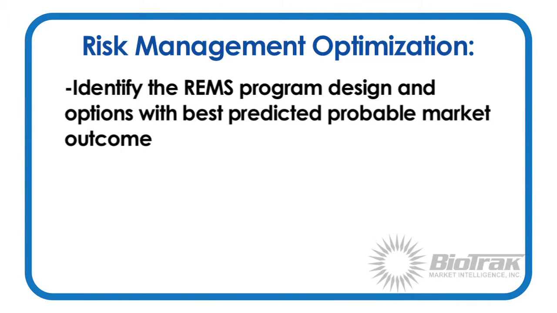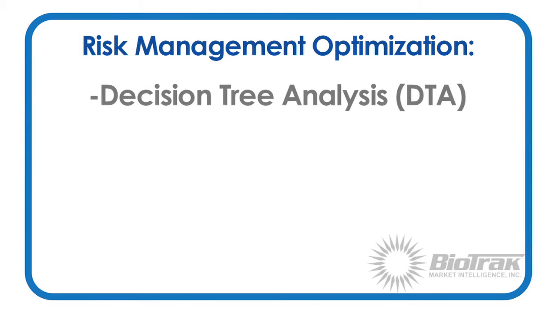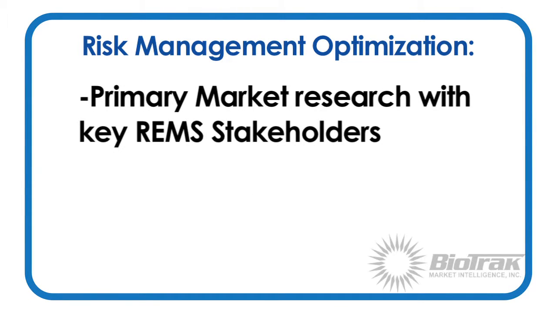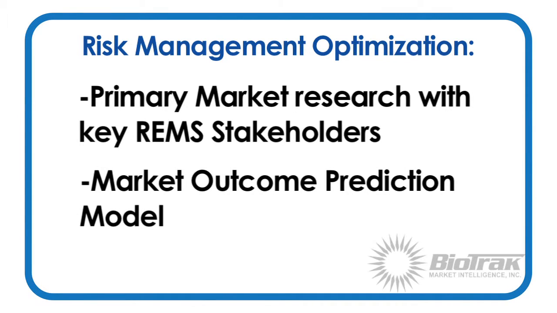Identify the REMS program design and options with the best predicted probable market outcome. This is accomplished by using several tools, including decision tree analysis, a model based on Monte Carlo simulation or a conjoint simulation model, primary market research with key REMS stakeholders, and then a market outcome prediction model.